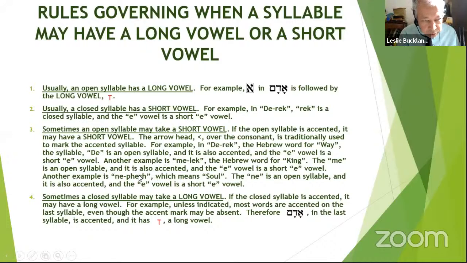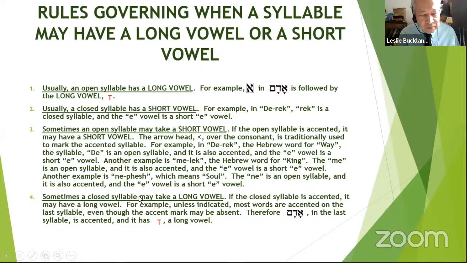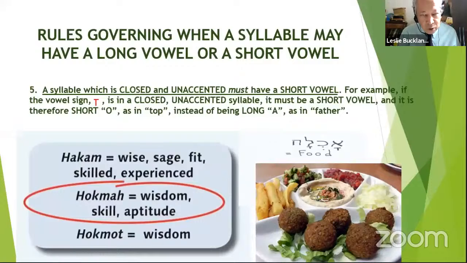We have seen an exception to number 2 in rule number 4, that if the closed syllable has an accent, then it may take a long vowel. But what does that imply? It implies that if the syllable is closed, and if the syllable does not have an accent, then it must take only one kind of vowel, and that is what you have here, a short vowel.